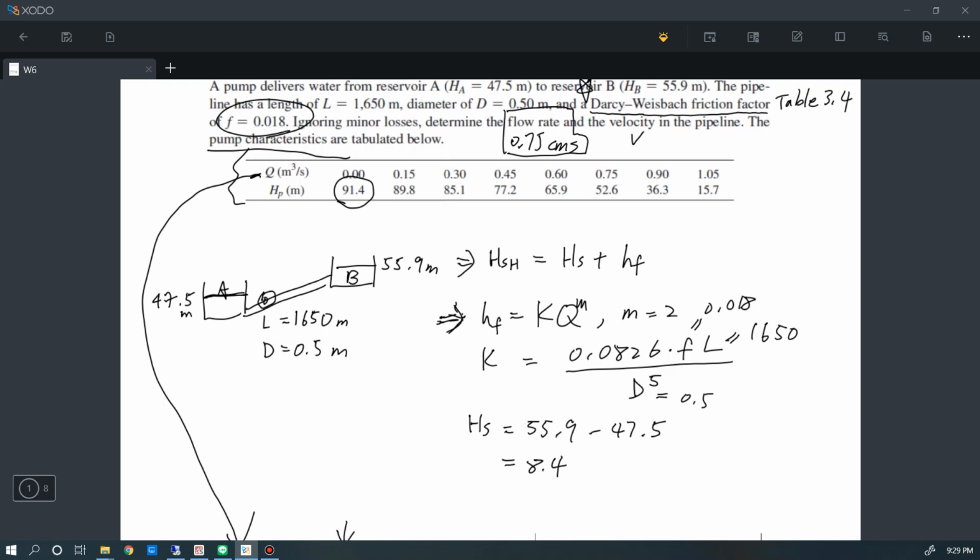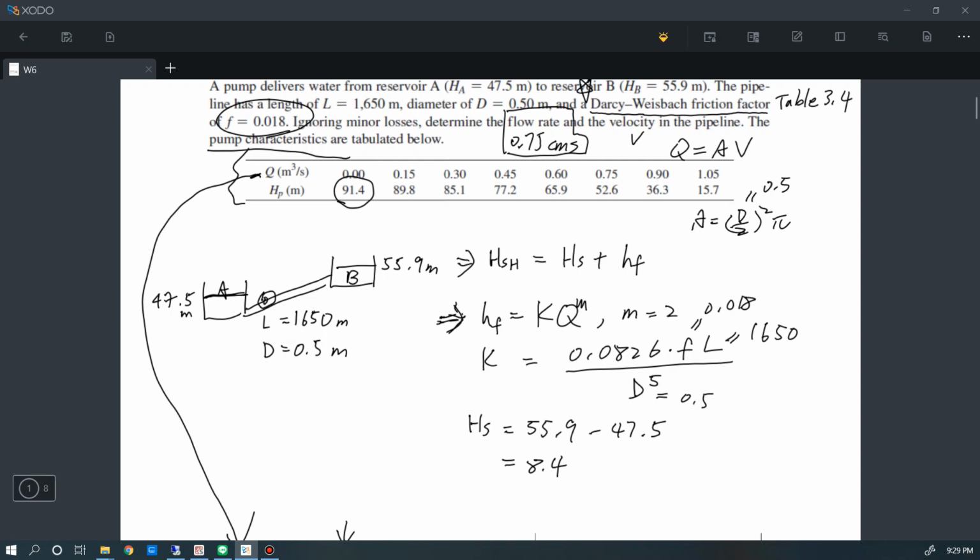And to calculate the velocity is easy because the flow rate is equal to area times velocity. And we know the diameter in this pipeline is circular, so the area is equal to pi over 4 times d squared, where d is equal to 0.5 meter.